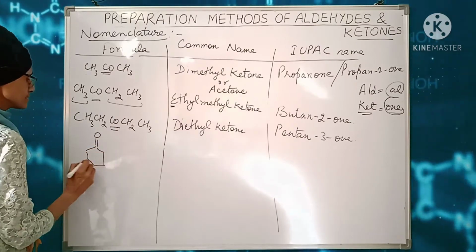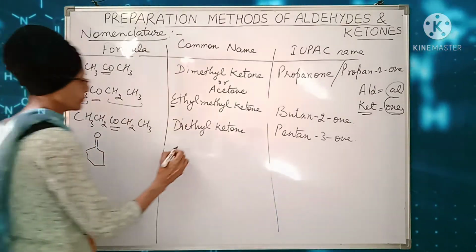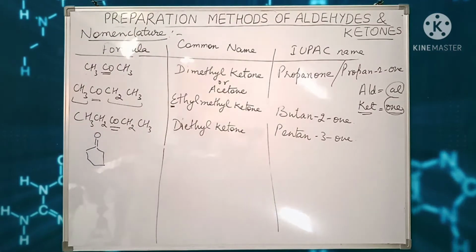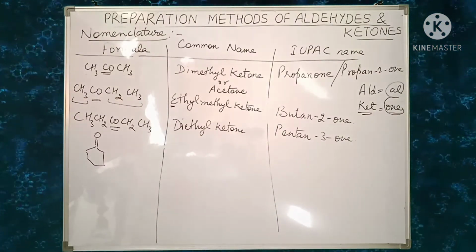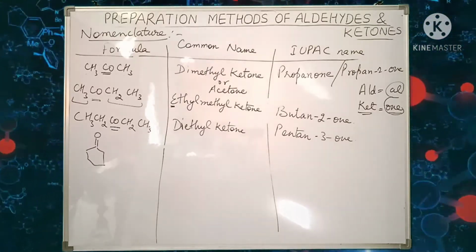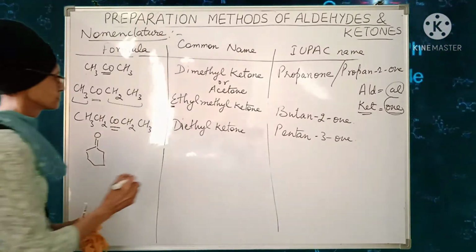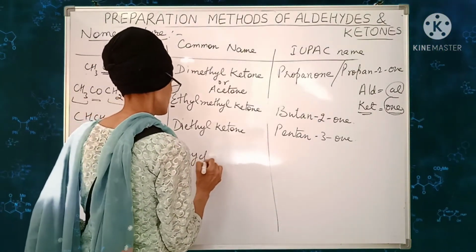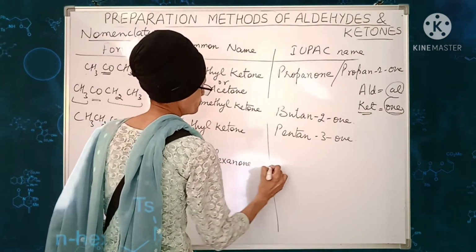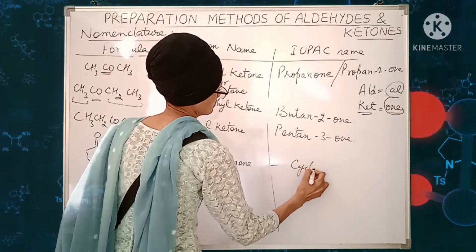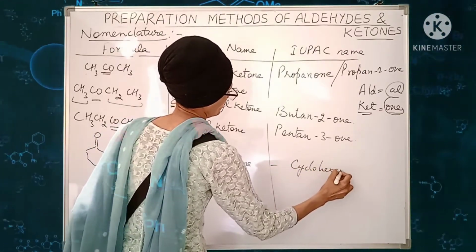This cyclohexane ring having a ketonic group, the common name will be cyclohexanone. For IUPAC also, we call it cyclohexanone.